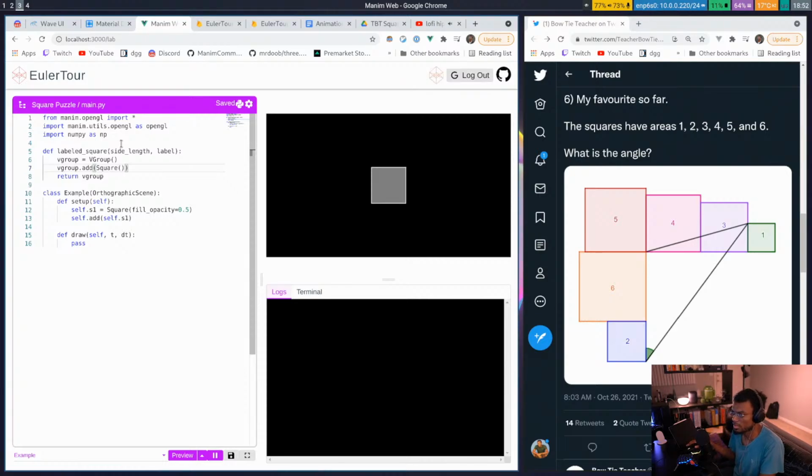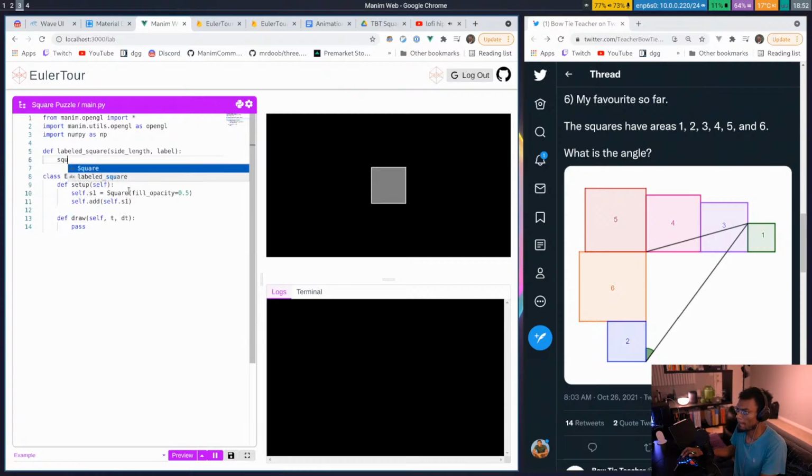That might actually be simpler. So you do something like this. Square.add label. And return the square.